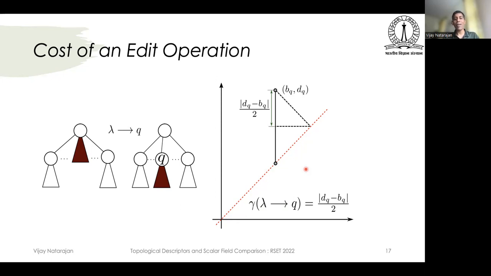Now, in the context of a merge tree, we know that every node has a pair, and this pair together represents the topological feature. So if you have a saddle, then it is paired with, let's say, a minimum, which is a leaf, and this pair represents a valley, right?